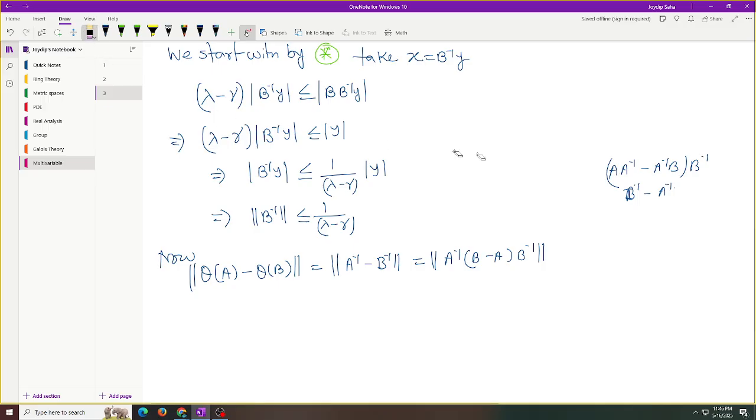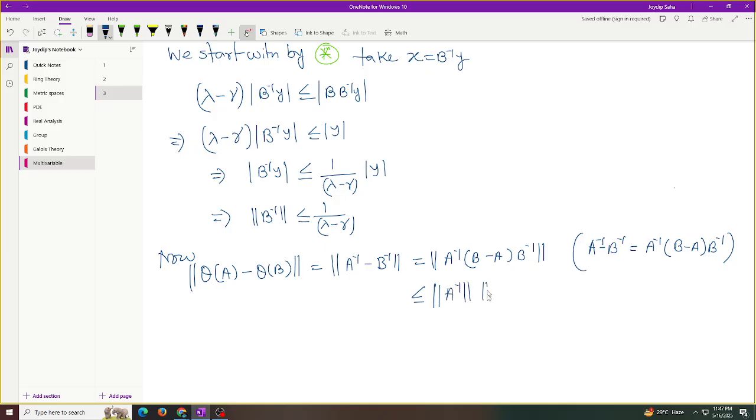So you can calculate this as A inverse B inverse A inverse B minus A B inverse. So lesser equals to, again we are using norm BA is lesser equals to norm B into norm A inverse.